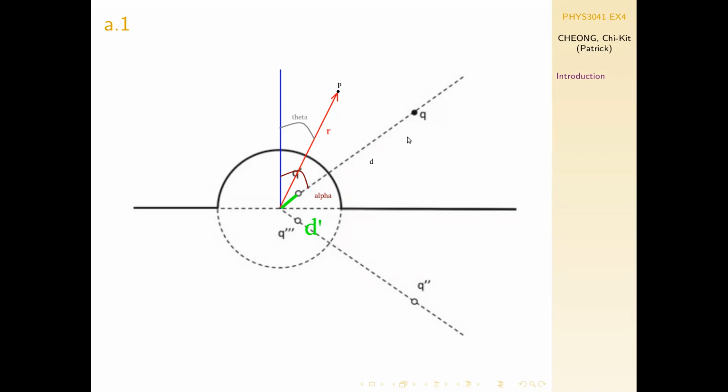Again, we need to work out some labels to locate this point charge Q. In my case, I assume that the distance between the point charge Q and the origin of my coordinate, O, is D, and the angle between this black dashed line and the vertical blue line is alpha.